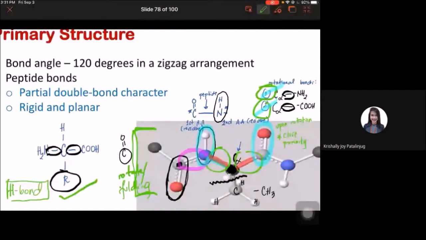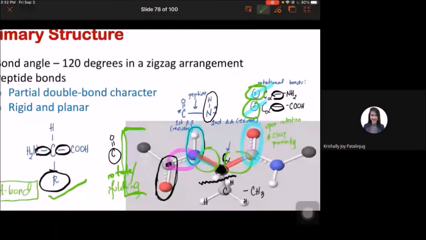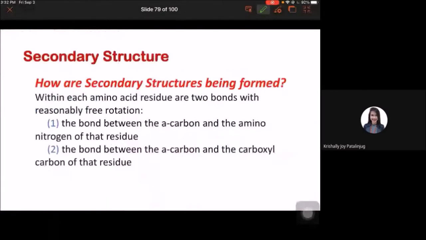For example, later, madi-discuss natin yung secondary structure ng protein in detail. Okay? So, since na-introduce ko na yung hydrogen bond in relation to secondary structure, dito tayo sa next slide.